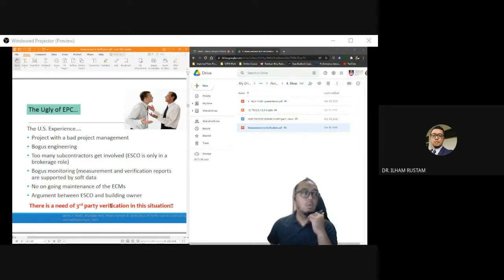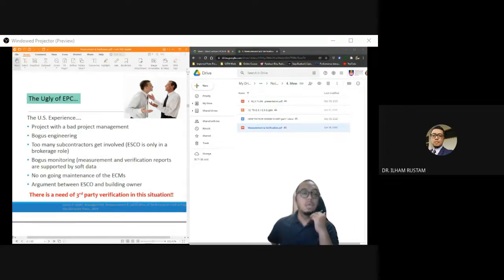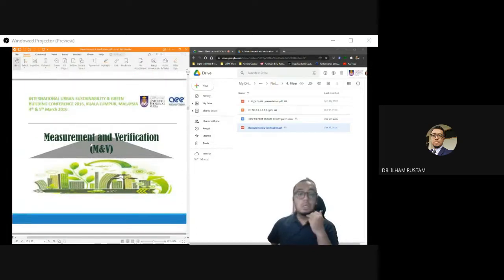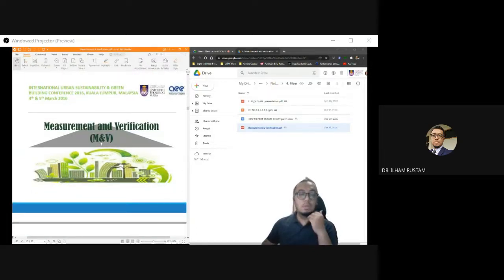There are a few companies that provide third-party verification between the building owner and the energy service company, so that the data reflects accurately and paints the best picture for the energy conservation measures that have been installed. So the argument between ESCO and building owner can be handled more on the truth rather than assumptions.